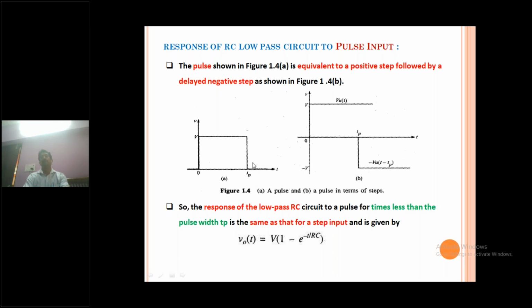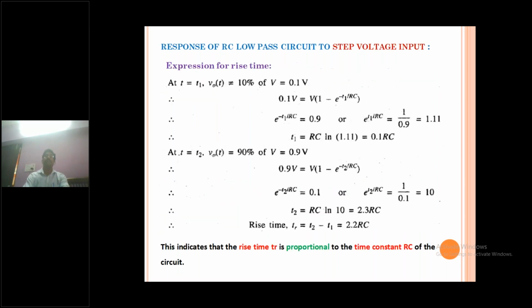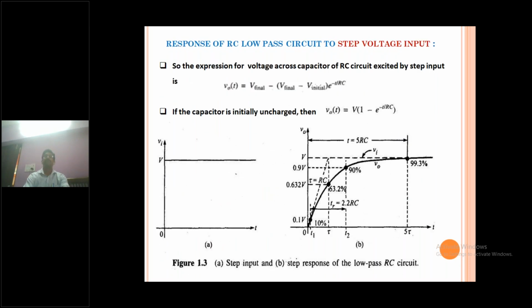Now this pulse input can be written in terms of steps. Why? Because I already derived the output waveform for a step input: V naught of T equals capital V into 1 minus e power minus T by RC. You are using this equation.